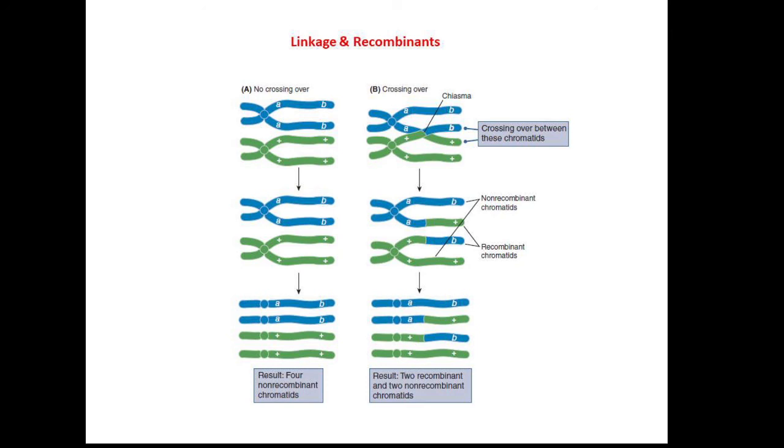So you can see there is a hybrid formation, blue and green. When gametes are formed, two recombinant and two non-recombinant chromatids can be seen. Why two recombinant? Because two chromatids have exchanged parts of their chromosomes with each other, so the alleles are exchanged between two non-sister chromatids.